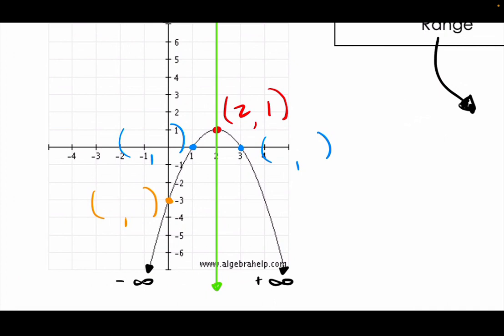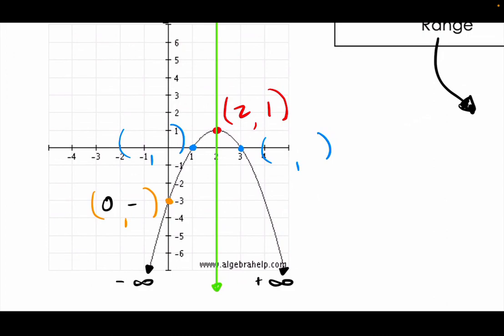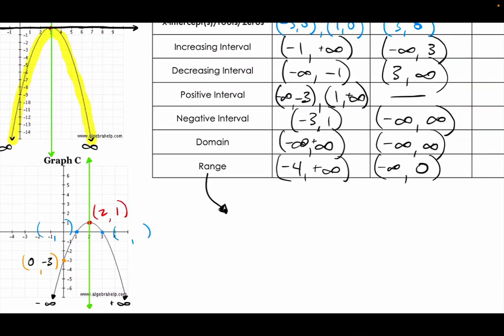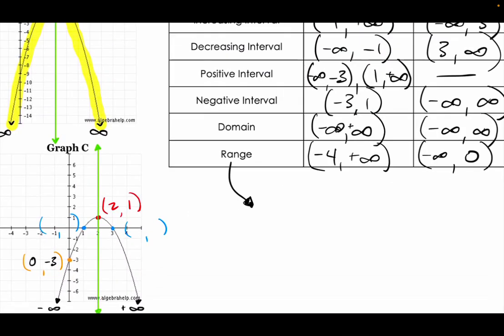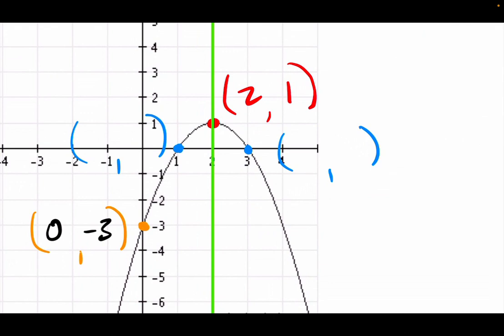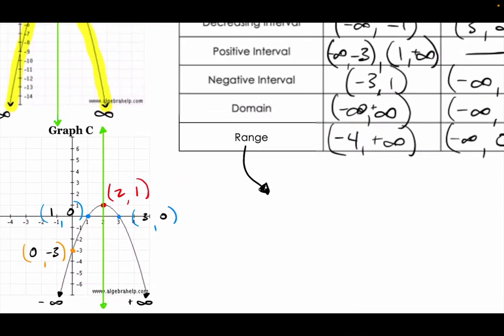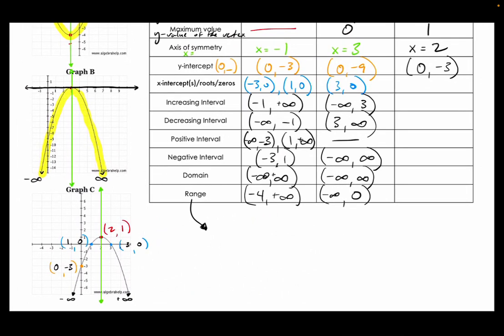It's either going to be -3, 0 or 0, -3. 0 always starts with a 0. Good. 0, -3. Where does it cross the x-axis? At the blue dots. The first one is at 1, 0, and the next one is at 3, 0. So there's 2 of them. 1, 0, 3, 0.